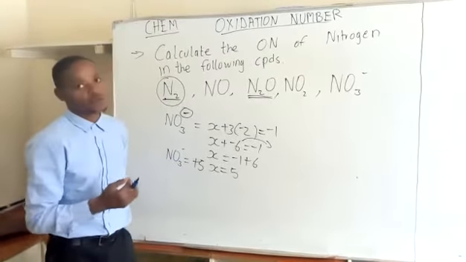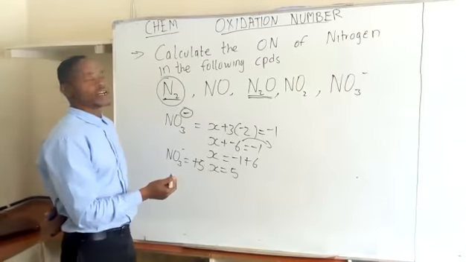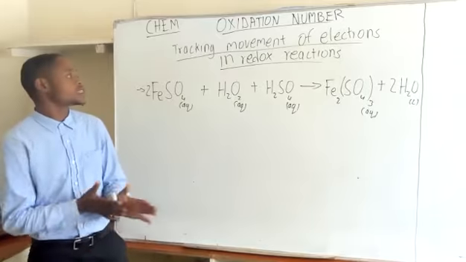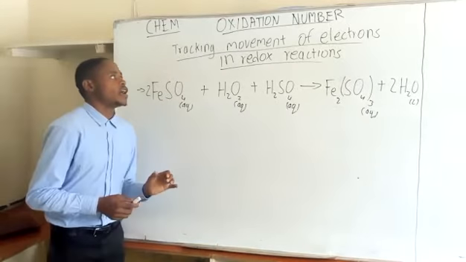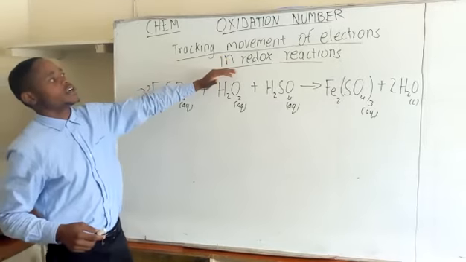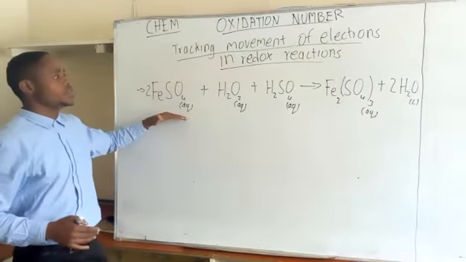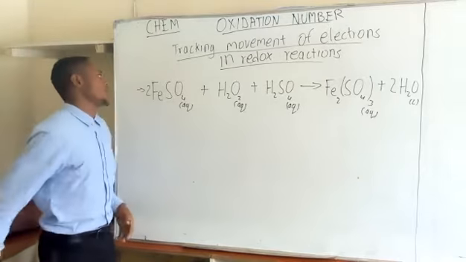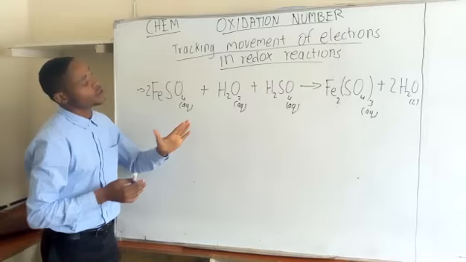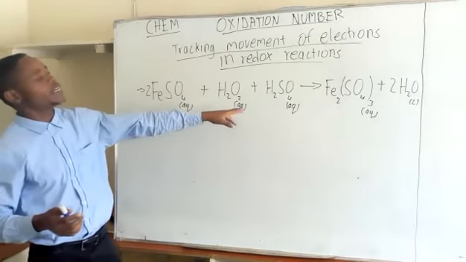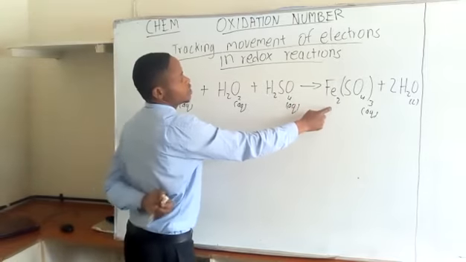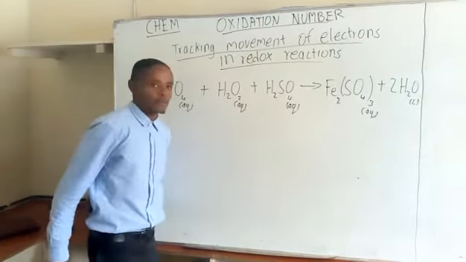Next, we're going to track the movement of electrons in redox reactions. With me here, I have an equation whereby I'm reacting iron 2 sulfate with hydrogen peroxide and sulfuric acid to give us iron 3 sulfate plus some water.